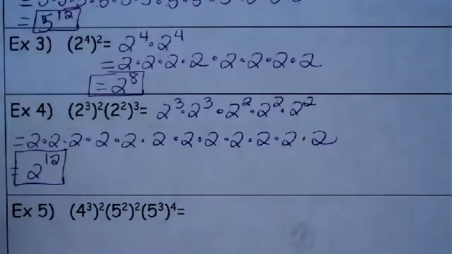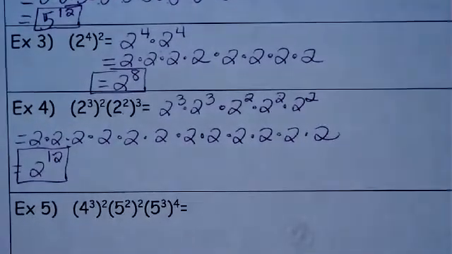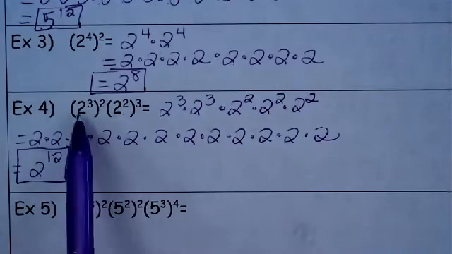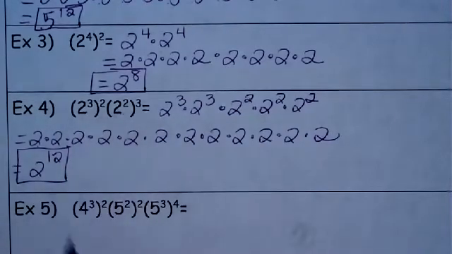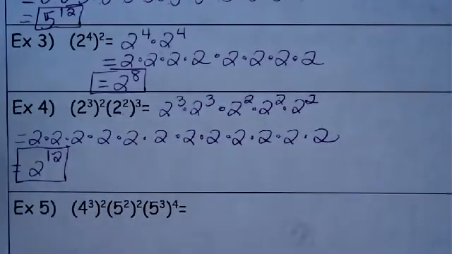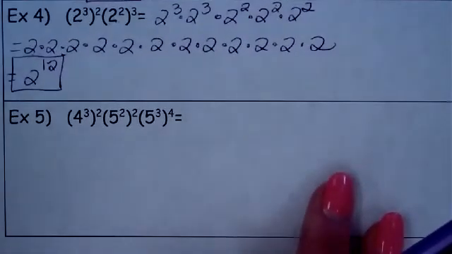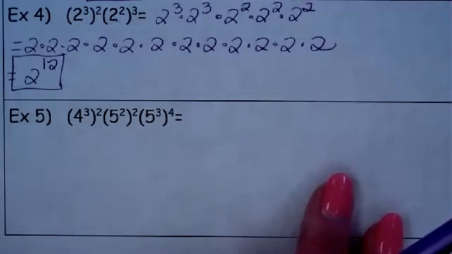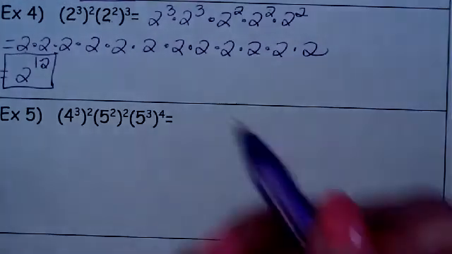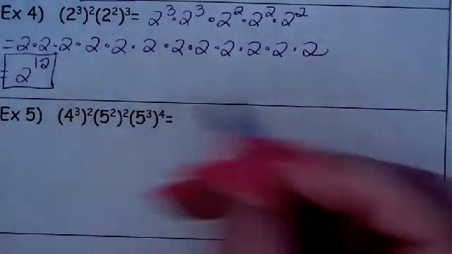Number 5 is, again, more than one set of parentheses. And this time, instead of my base numbers being the same like in number 4, I've got the 4s and the 5s. So they're going to be a little different. Okay. But I'm still about to expand them just like we did before. Okay. 4 to the third to the second power.